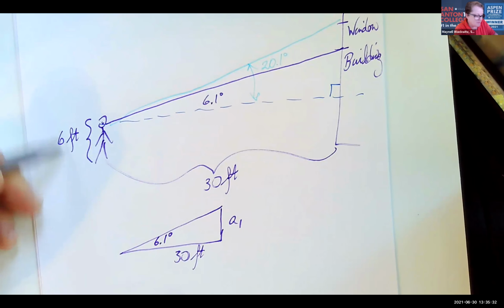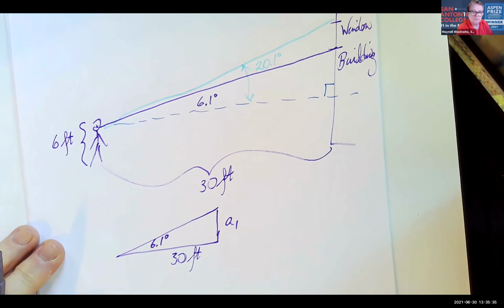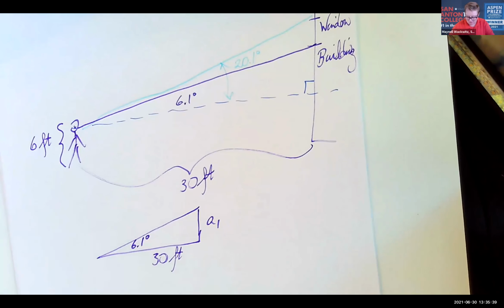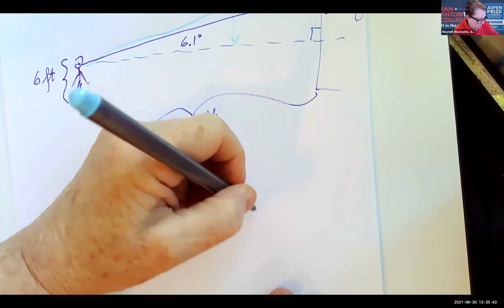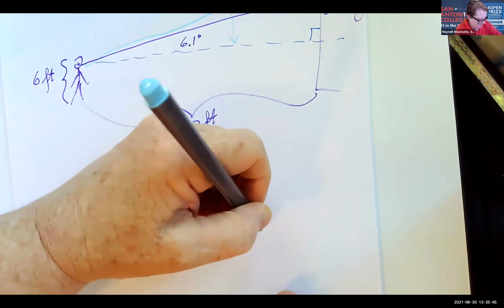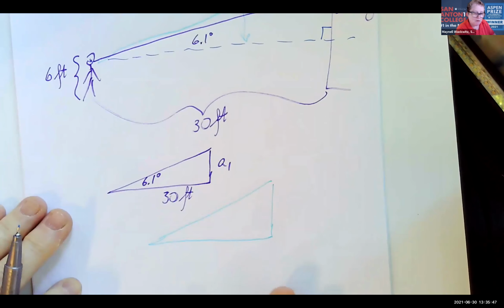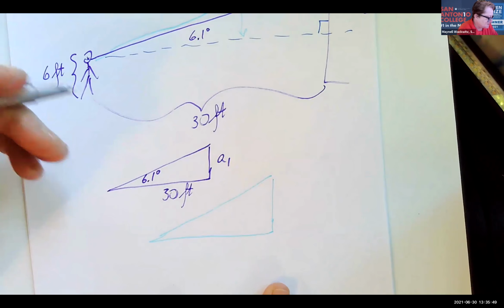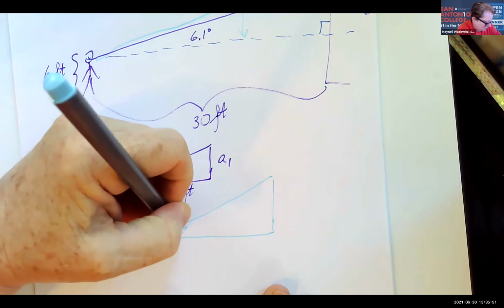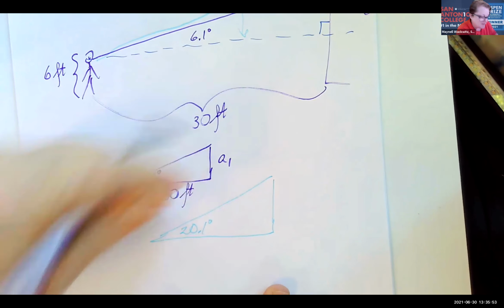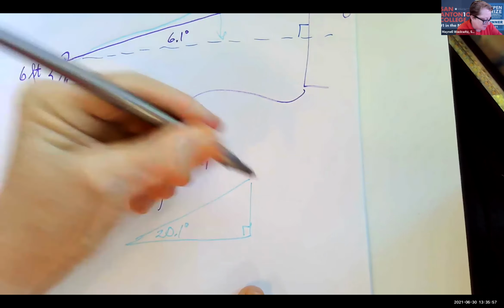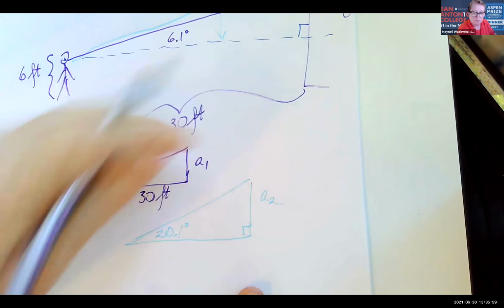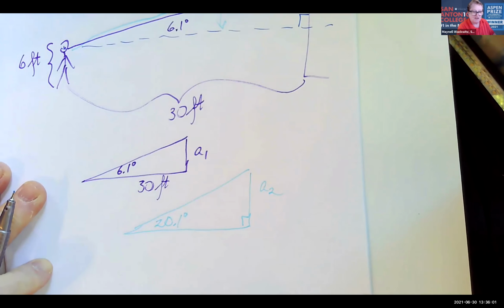And we're not going to worry about the 6 feet right yet. Now, we also have a triangle. We know that its angle is 20.1 degrees. I'm going to call its height A2, just so that I differentiate them.